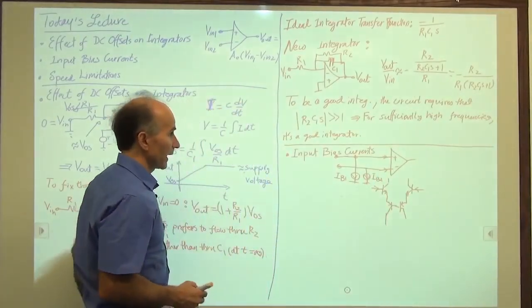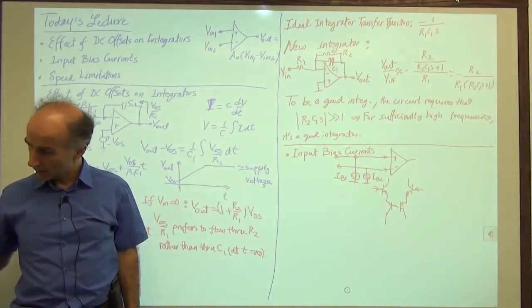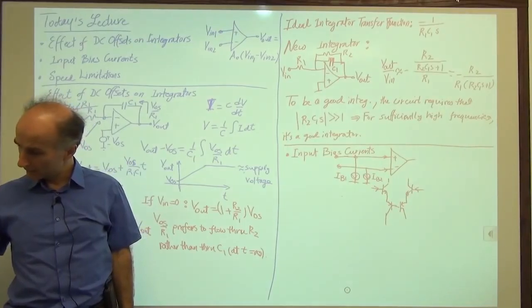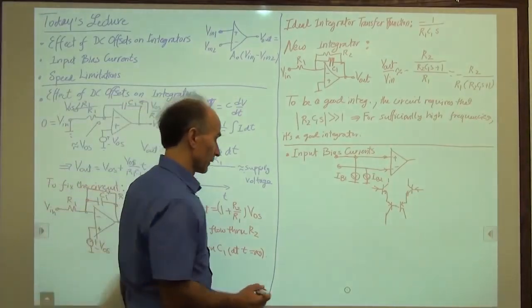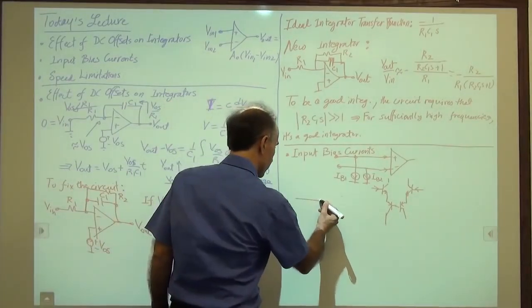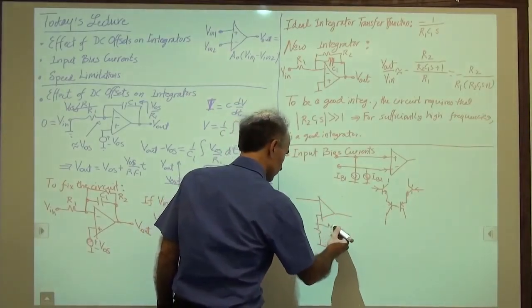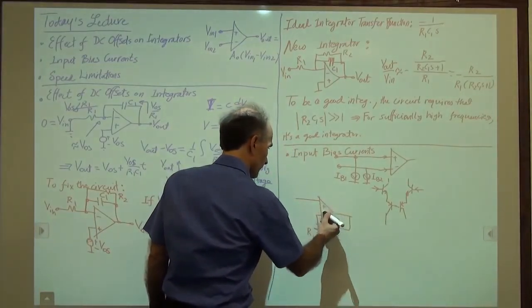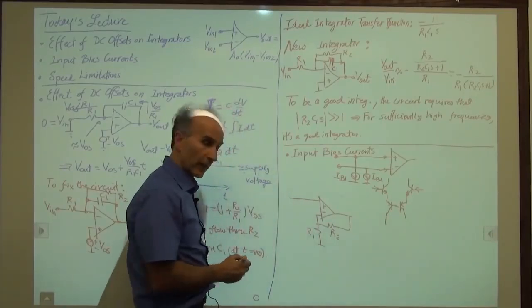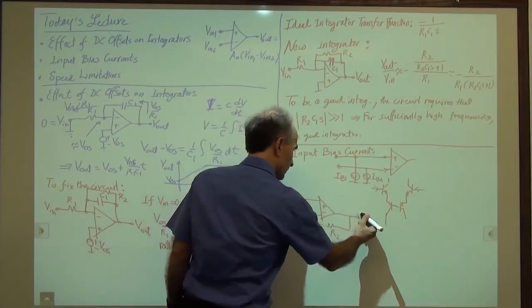All right, so let's go and look at the effect of these bias currents on, let's see, what did I do here? On the non-inverting amplifier. So we draw a non-inverting amplifier like this. R2, R1, plus, minus. Okay, so we have V in here, and V out here.